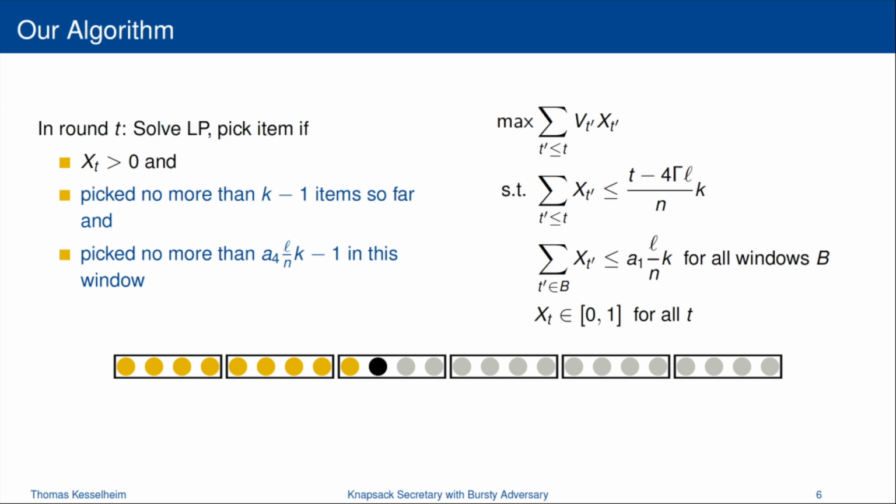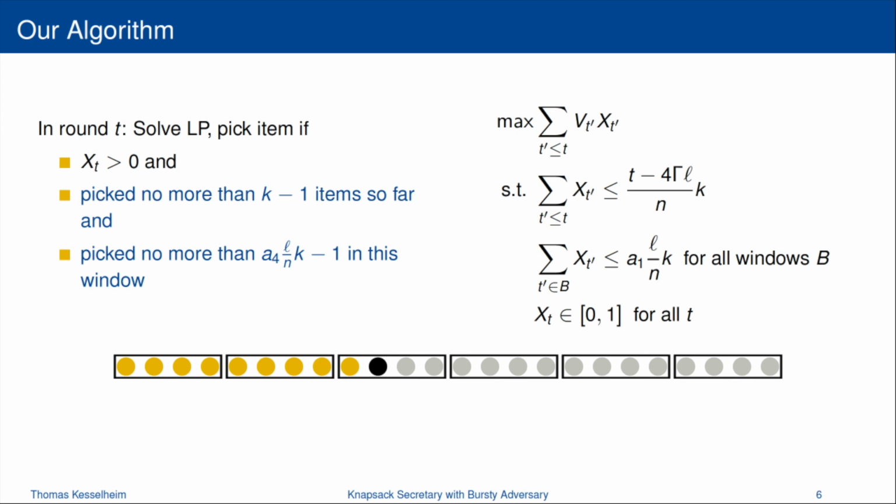On the one hand, there's the constraint that we are not allowed to pick more than k items overall, which means we are only allowed to pick this, of course, if only k minus 1 items have been picked so far.